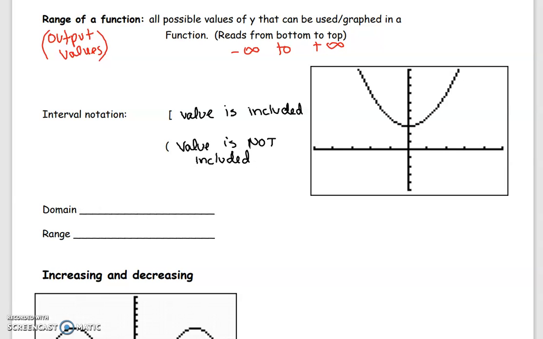So we use a closed circle in our graph if we're going to have the value be included. We have an open circle if we're going to have the value not included, and we'll use that bracket for our interval notation. It looks like an ordered pair.